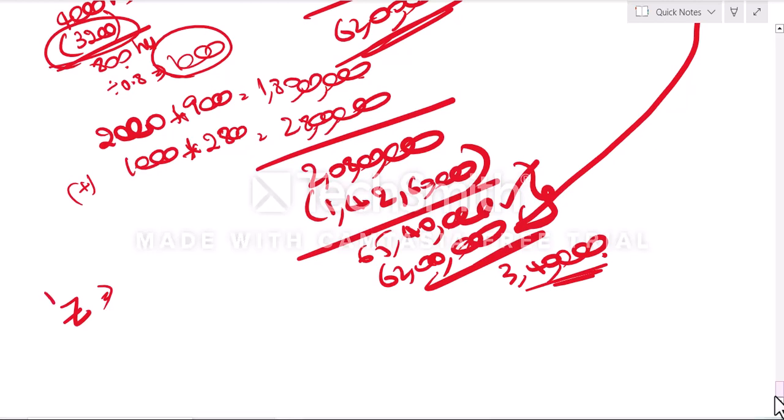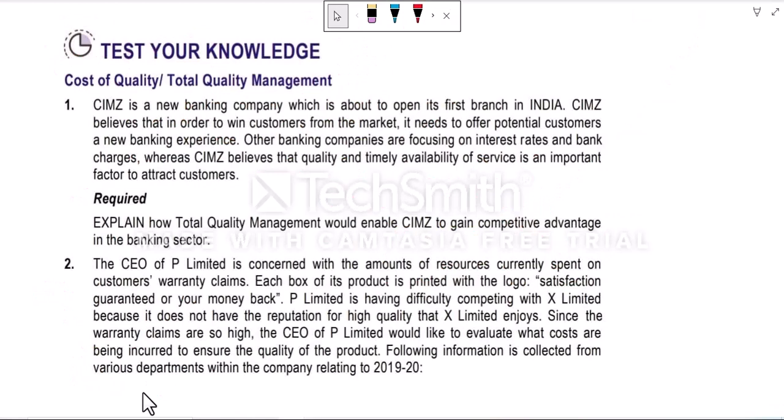So prioritize Z, and since they have scarcity of machine hours, they can outsource that part. They can produce only 1000 units here, but the actual demand is 1600 units. So the rest of that they can outsource and they can earn profits from that. And one more option is for D.